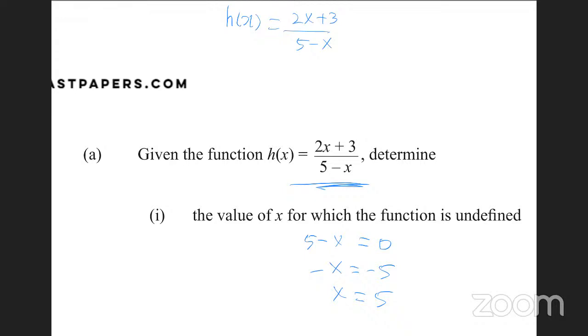Let y equal h of x, interchange x and y, and then solve for y. So let y equal 2x plus 3. Interchange x and y and solve for y. Hurry up. Interchange x and y and then make y the subject of the formula, right? Finish.